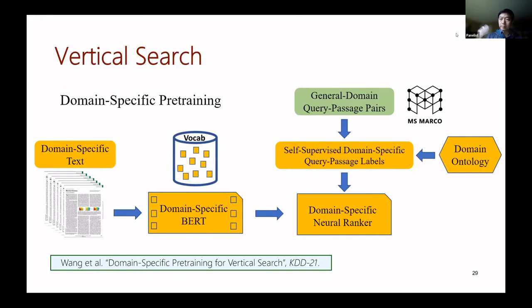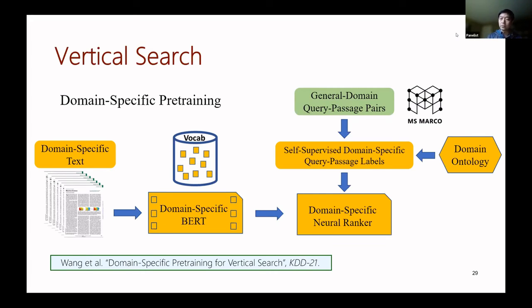And as we mentioned earlier, we can also leverage domain-specific pretraining in vertical search. Here's a general recipe we have proposed to bootstrap a vertical search engine, and all you need are domain-specific text and a domain-specific ontology, both of which are usually easily available.